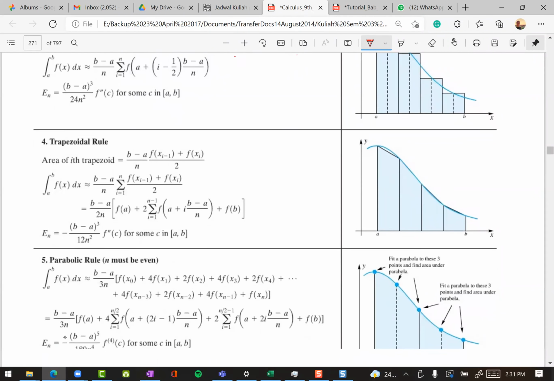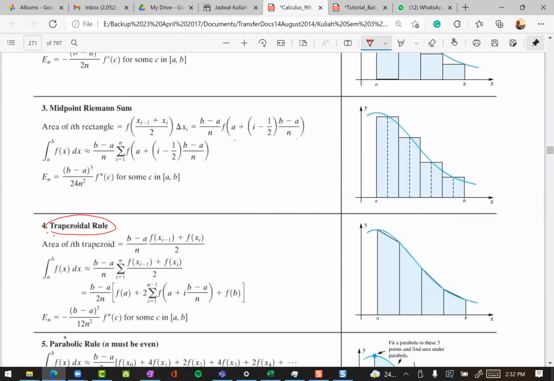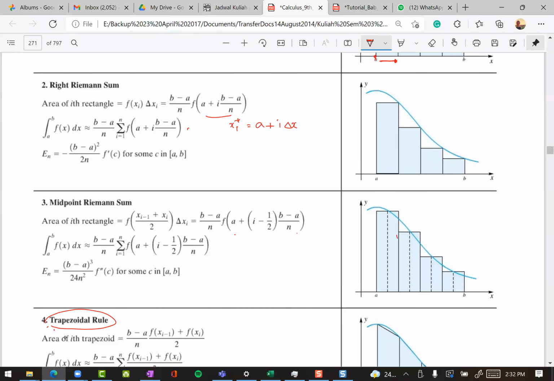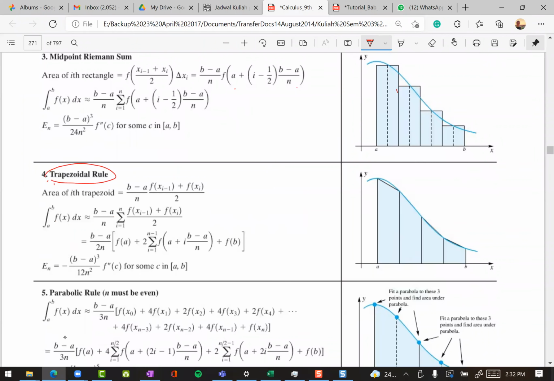Okay, so you see, there is what we call a trapezoidal rule. Okay, what is the trapezoidal rule? All right, so you see that the values here are using rectangles. Riemann sums use rectangles, but it would be slightly better if we use trapezoids.